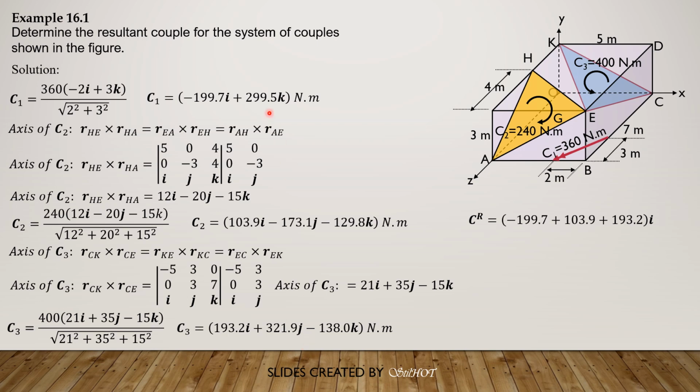And for k, 299.5 minus 129.8 minus 138. So simplifying, this is the resultant couple, 94.7i plus 148.8j plus 31.7k Newton meter. So that's for example 16.